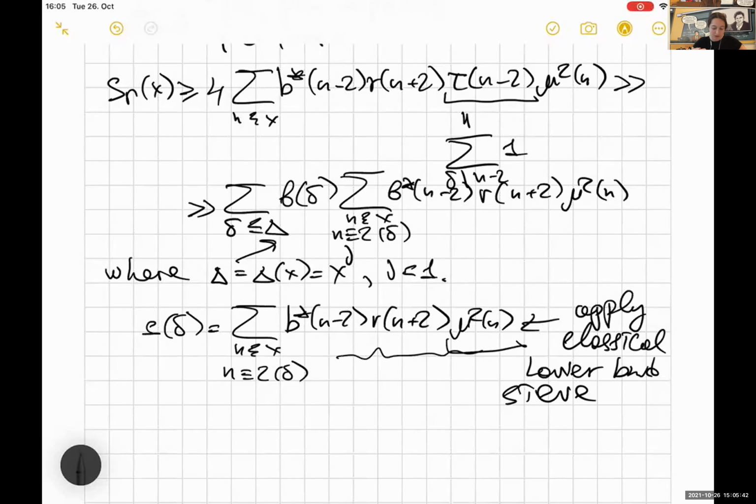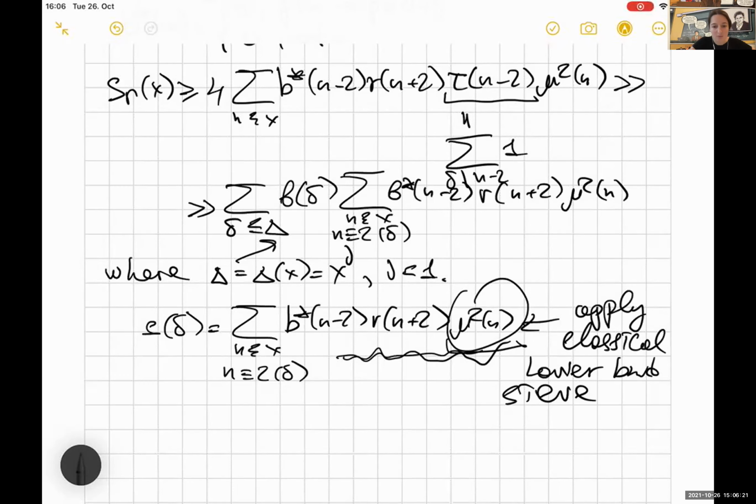Okay, so if you want to adjust it to the case when you count not only square free numbers, but numbers that have not more than this amount of prime factors, then you need some better results for the error term on average, some better analogs of the conjecture of A of theta. This also could be done because some of them are available, though the level of distribution is of course worse than 3/4, and you need to worry a lot more when you are carrying out the error terms that are introduced when you apply the classical lower bound sieve.